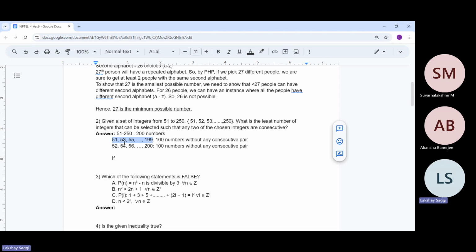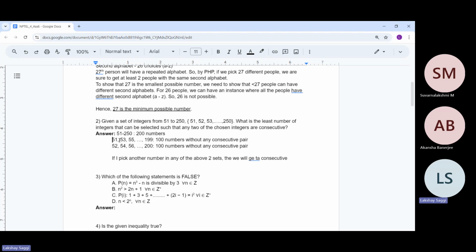So the intuition behind it is that after 100 numbers, if I pick another number in any of the above two sets, then we will get a consecutive pair. I'm just trying to give you an intuition.